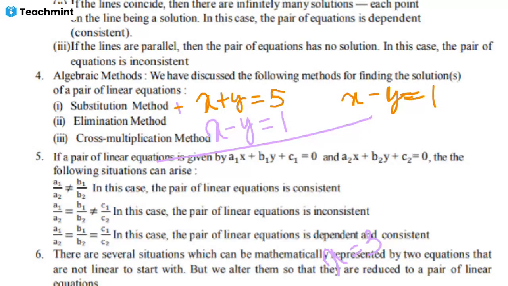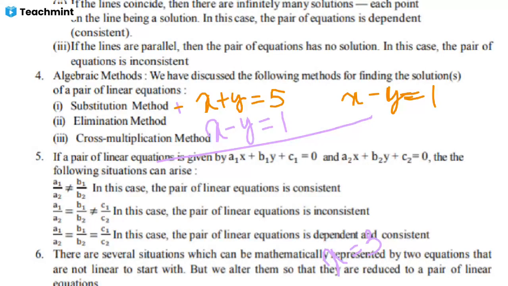Here, if you eliminate y, you can easily simplify within one step. If you eliminate x, again you need to change the sign, again you need to add or subtract, so that becomes clumsy for you. So better you eliminate y.